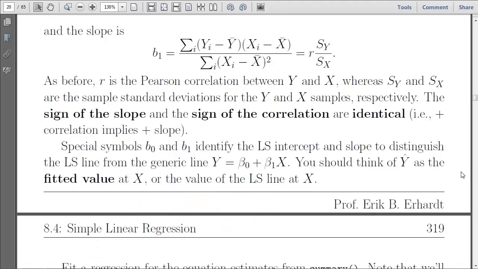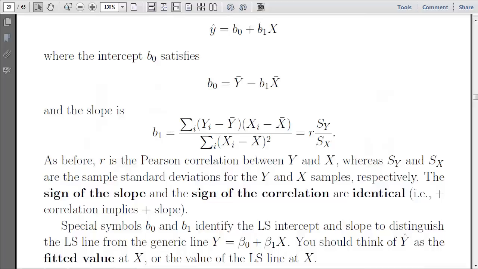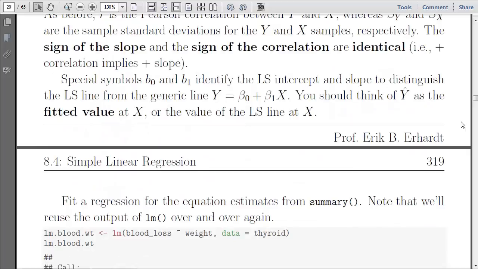A couple points I make are that the slope of the regression line, b1 or beta 1, will have the same sign as the correlation. So they'll either both be positive or both be negative.